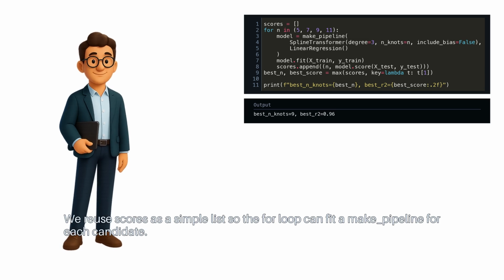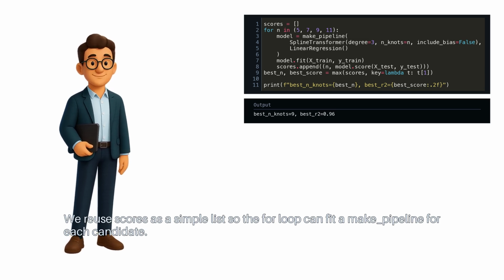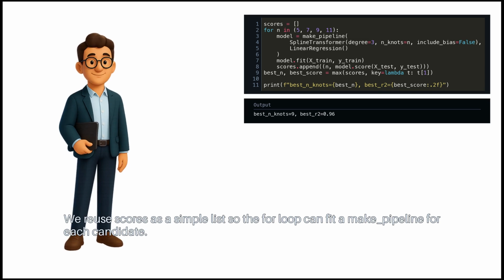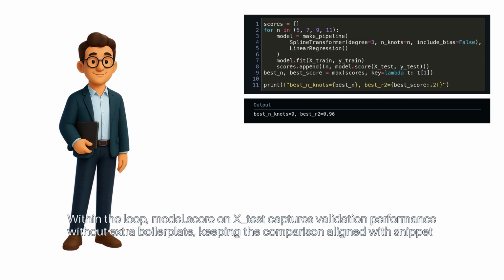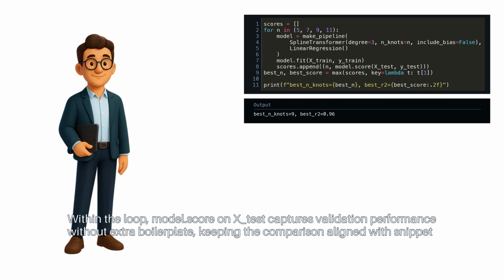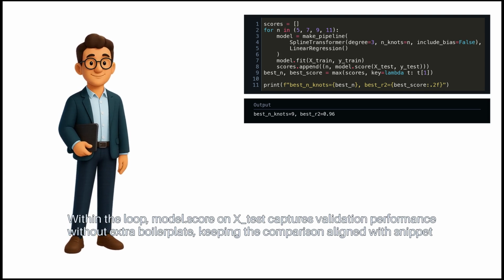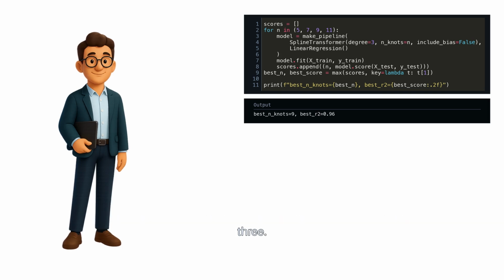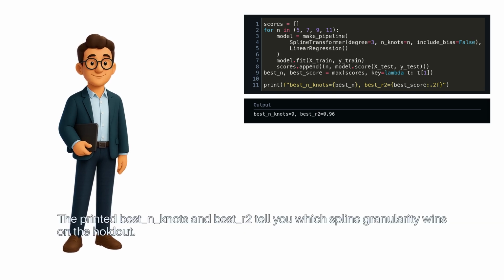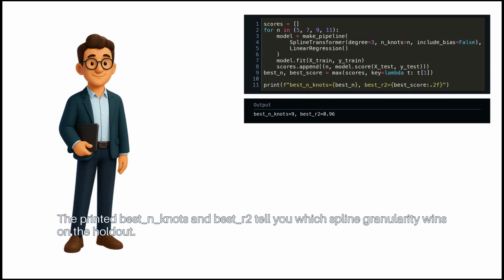We reuse scores as a simple list, so the for loop can fit a make_pipeline for each candidate. Within the loop, model.score on X_test captures validation performance without extra boilerplate, keeping the comparison aligned with snippet 3. The printed best n_knots and best R2 tell you which spline granularity wins on the holdout.